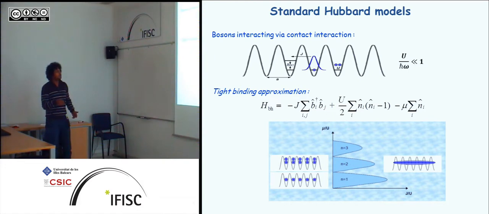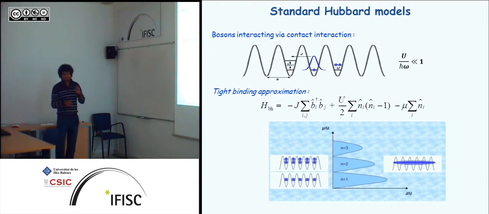So this is the assumption, which says that the interaction strength divided by the excitation energy to the next level is much less than 1. So this is the important assumption when one writes this kind of Hubbard model, and they say that okay, we write it in the lowest band approximation, and the tight binding means that we only consider tunneling to the next site, if you want to call this a site, not to the other.